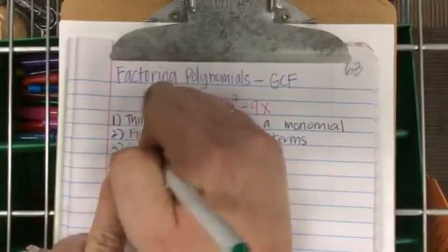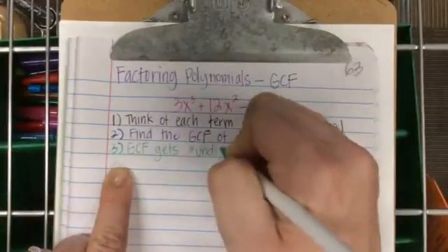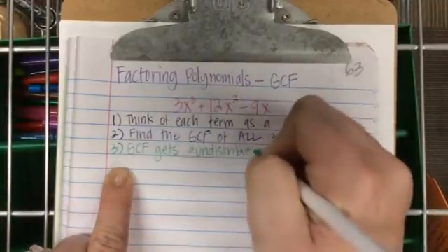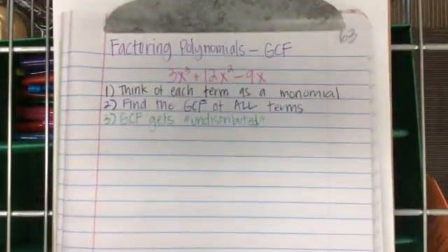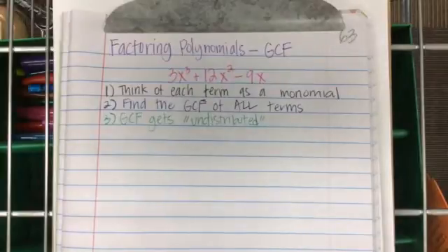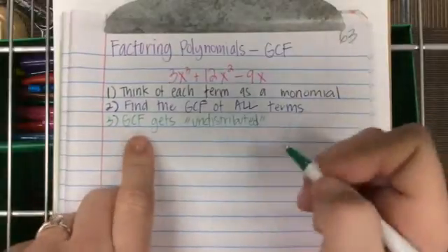The GCF gets undistributed, right? So if you think about distributive property, it's when there's a number in front and it multiplies it. So what's undistributing? Meaning we're going to divide.